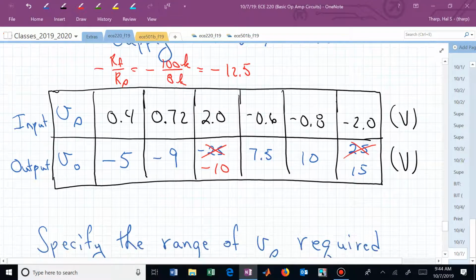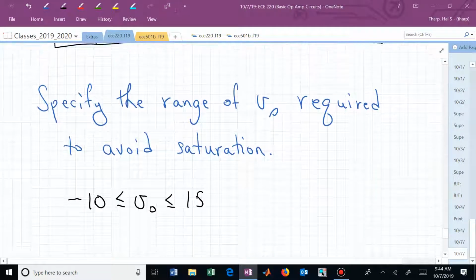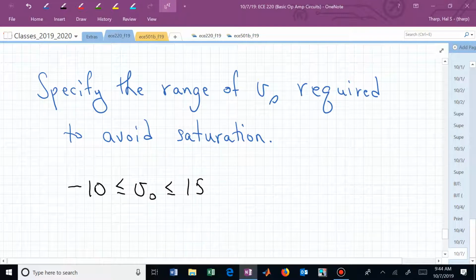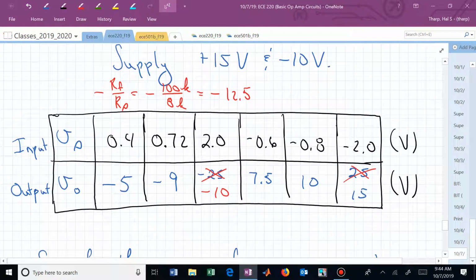Ouch. Wouldn't work. So, what's our range now for V sub S? What can we now, ahead of time, instead of just going through and blindly calculating these numbers, could we sort of already pre-compute what V sub S needs to live between so that we don't saturate at the output?